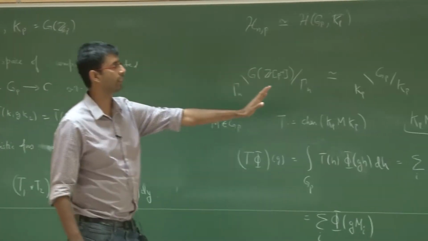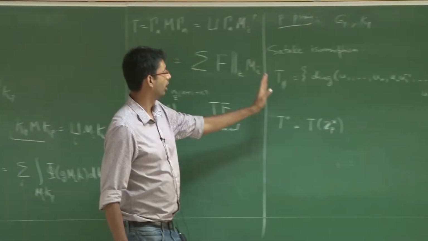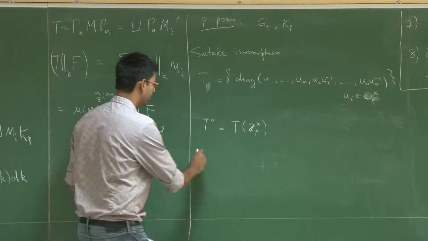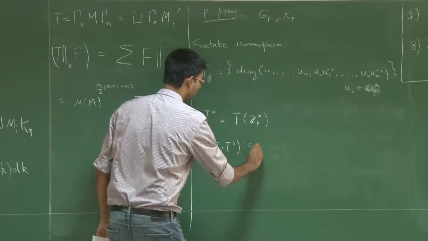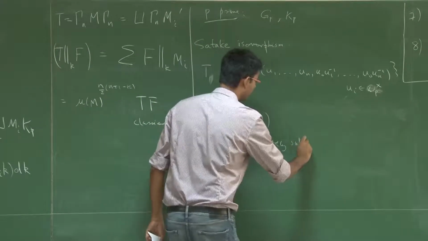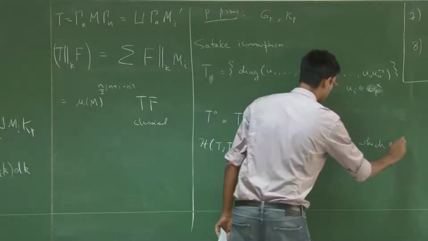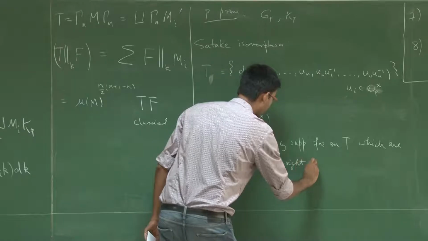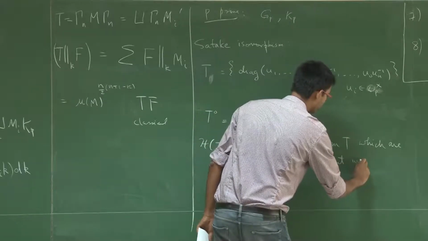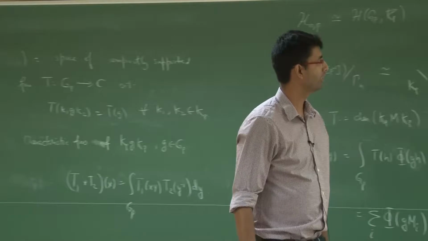We can do the exact same thing here, a group and a compact, and we can define compactly supported functions on T which are left and right invariant under T_0. So there's this T_0, meaning these u_i are in Z_p cross? Yes, exactly. The u_i are all in Z_p cross.